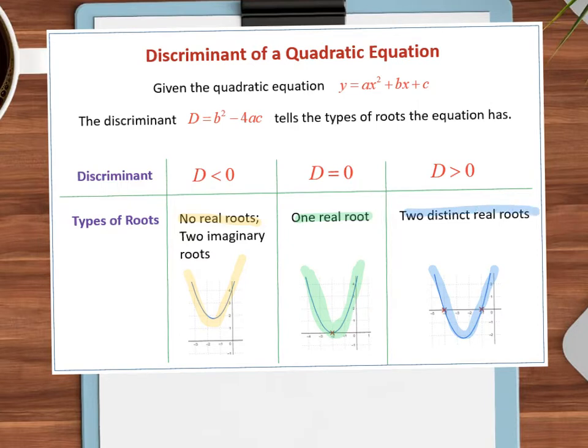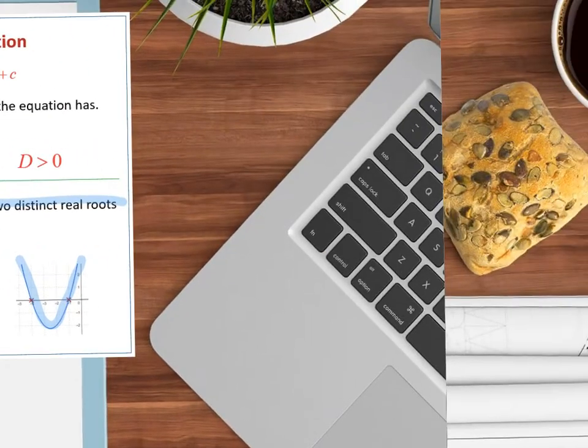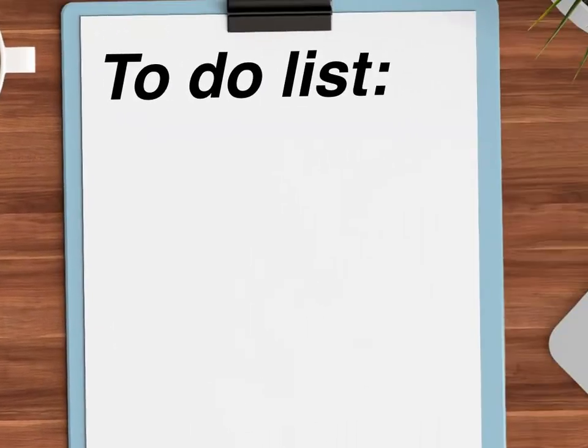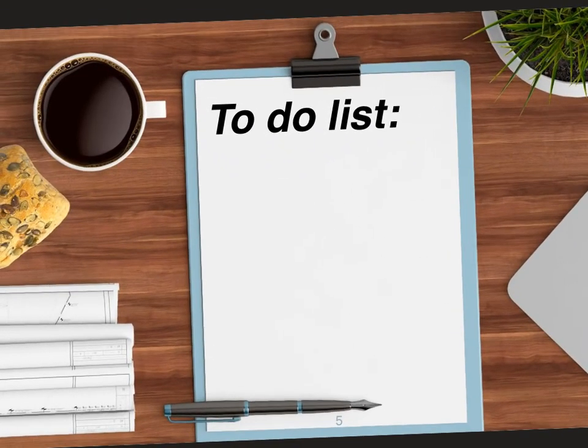Okay, so we need to do a little bit of work or memorizing. The easiest thing that I like to do to remember is, after you do the formula, I'm going to write the formula out again, and that formula is b squared minus 4ac.